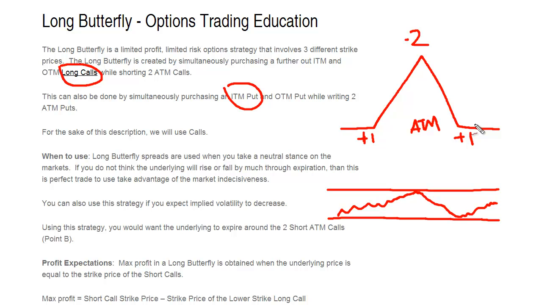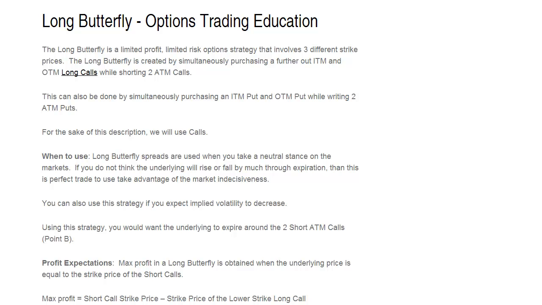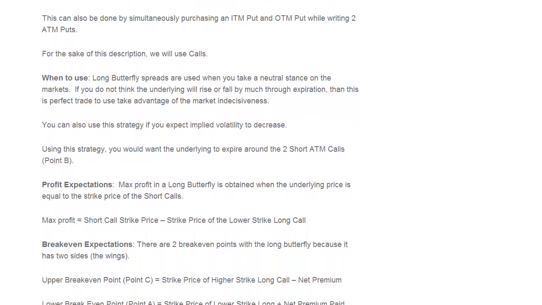So there's different ways to do it. If you do it using puts and calls, then they typically call it an iron butterfly. Those are just some basic terms. Let's move down and see what else we can discuss.